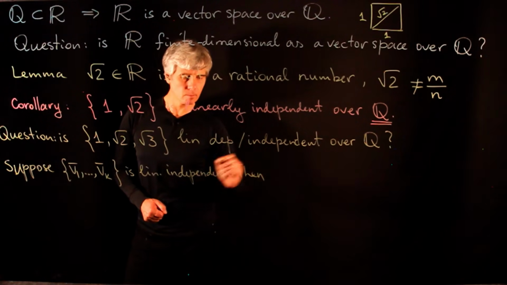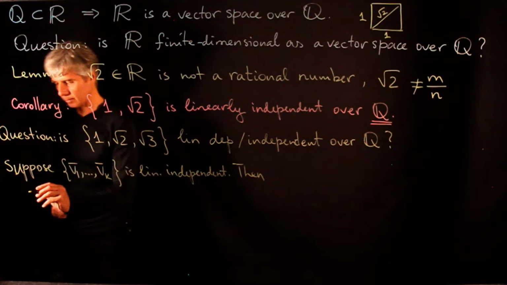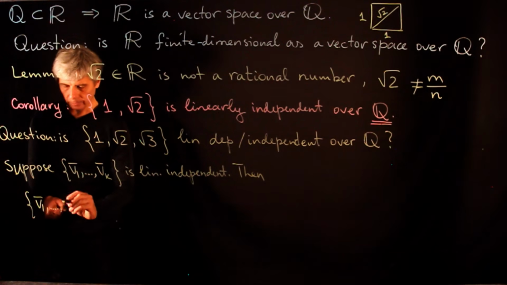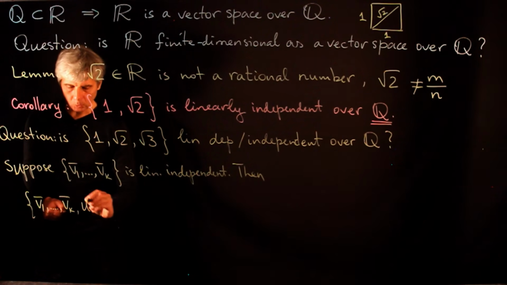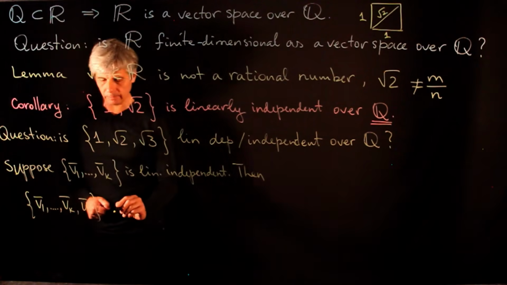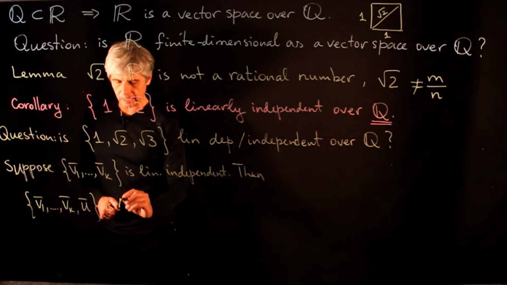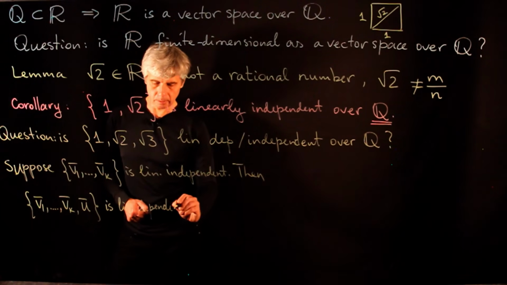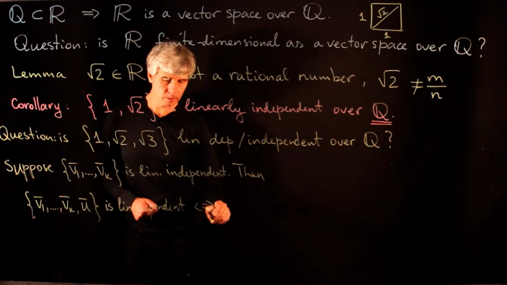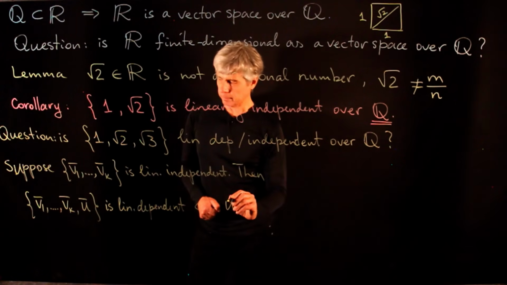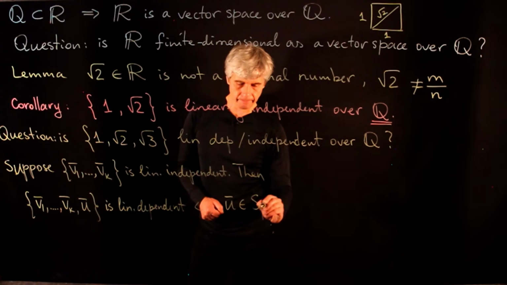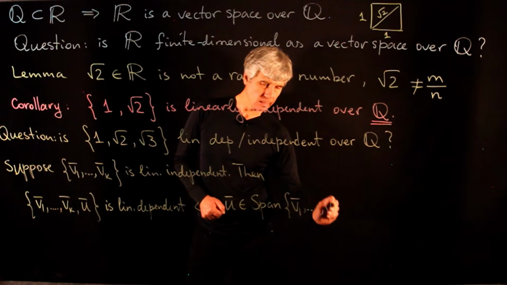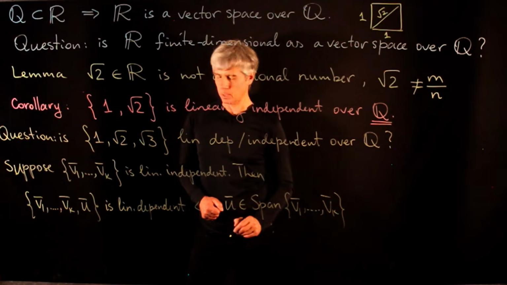Then the set V1 through Vk and U is linearly dependent if and only if U belongs to the span of V1 through Vk, right?